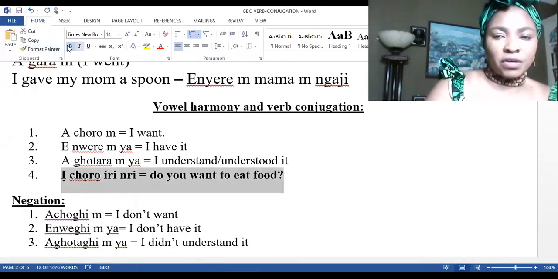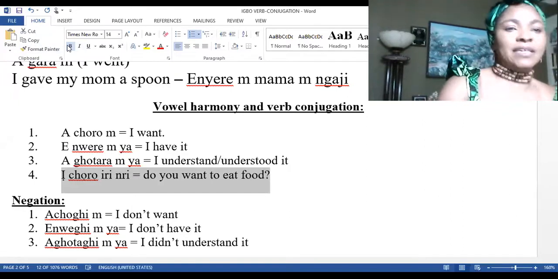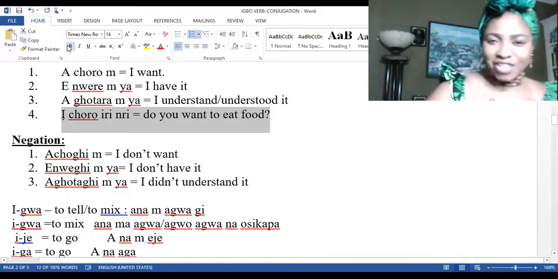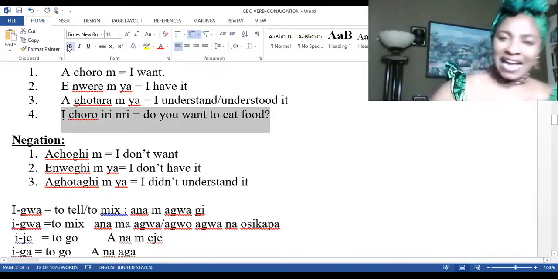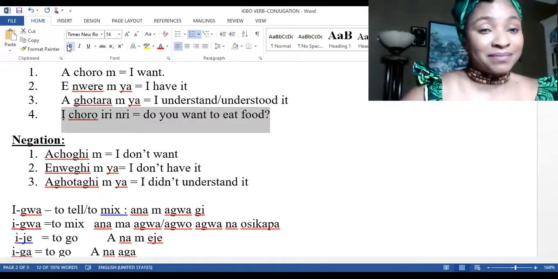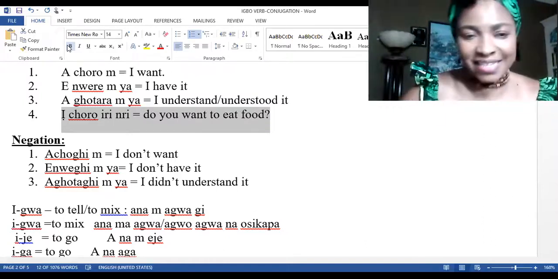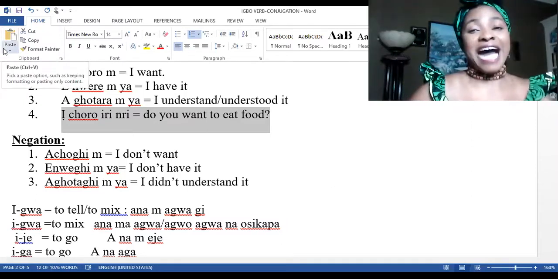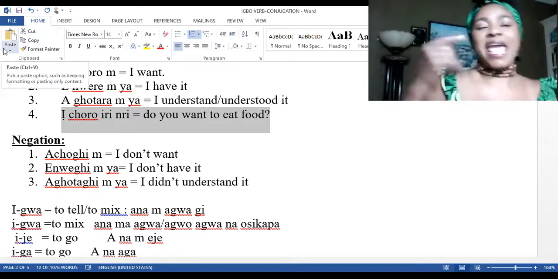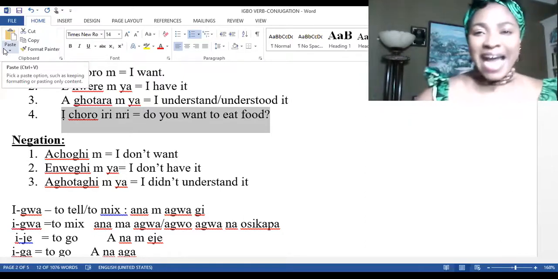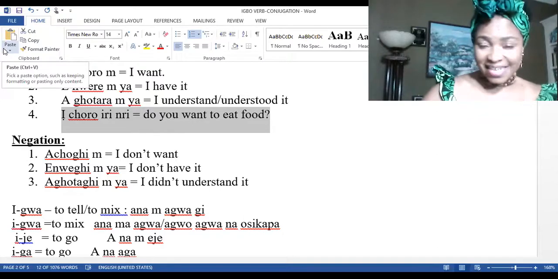Okay, so now, in the positive way, it's achọrọ m, enwere m, agara m. See that? But now, achọghị m, I don't want. See the negation there. Achọghị m, enweghị m, I don't have it.